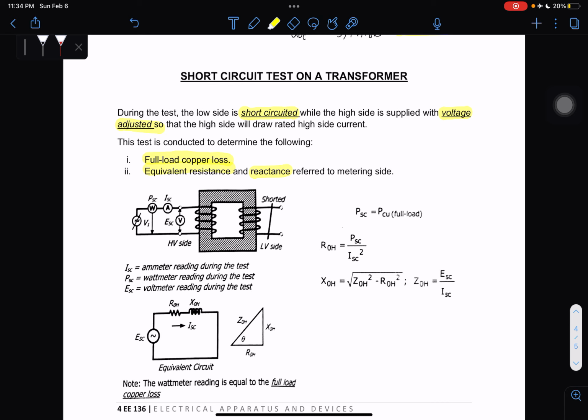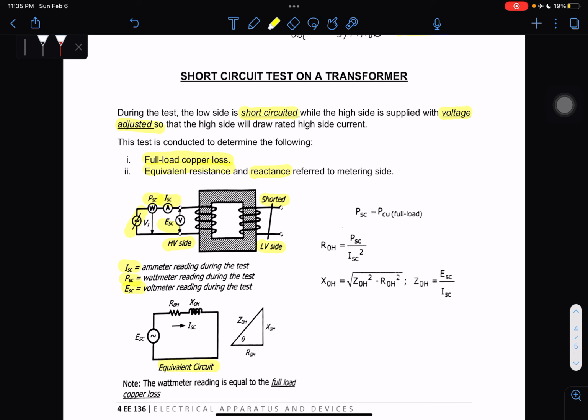Since it is a short circuit, we use the subscript SC. Same as the open circuit, we have the wattmeter PSC, the ammeter, and the voltmeter ESC. In the short circuit test, the low voltage side is shorted. This is the equivalent circuit diagram for the short circuit test.